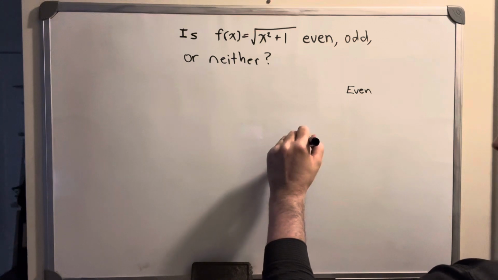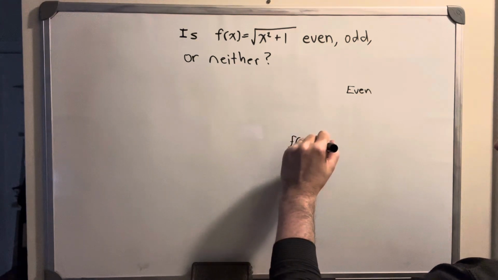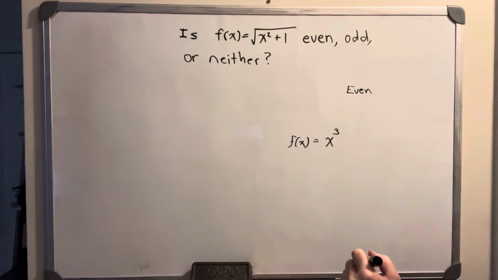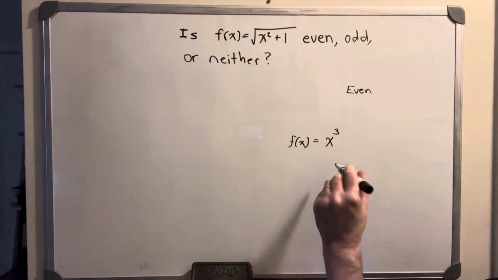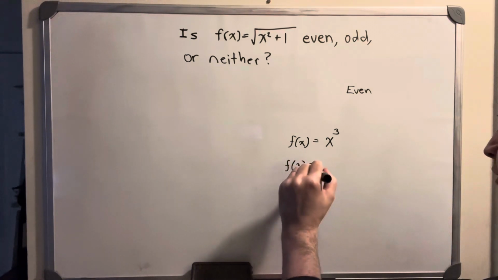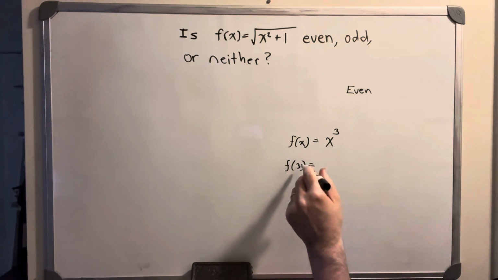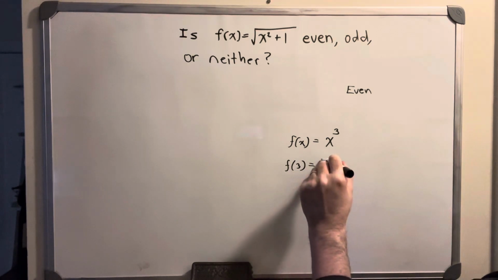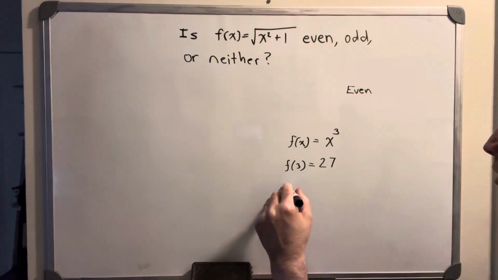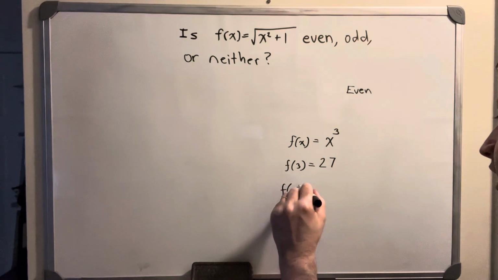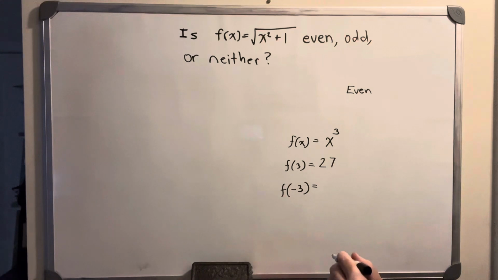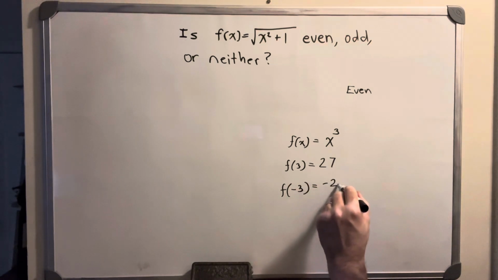Of an odd function. If I said f of x equals x cubed, let's plug in 3. F of 3 would be 3 cubed, which is 27. Negative 3 cubed: negative 3 squared is 9. 9 times negative 3 is negative 27.